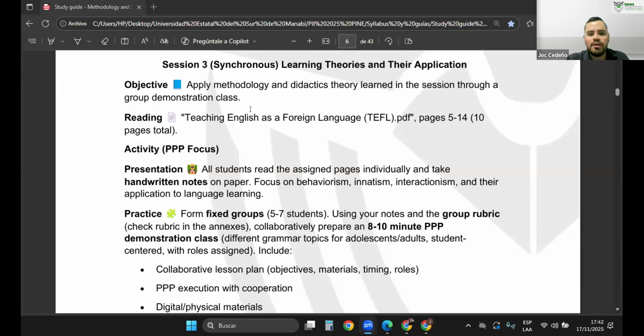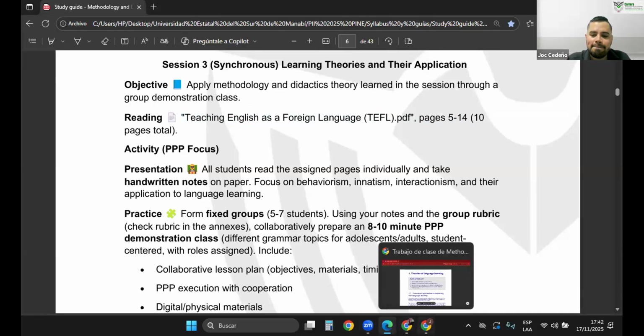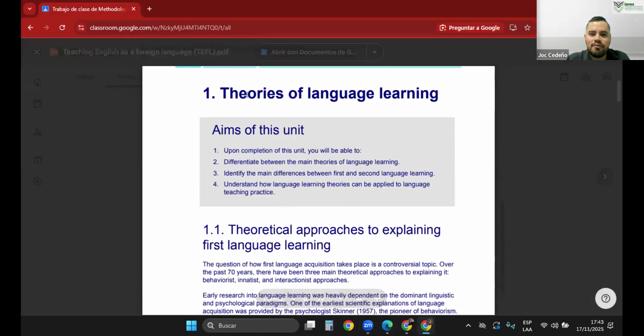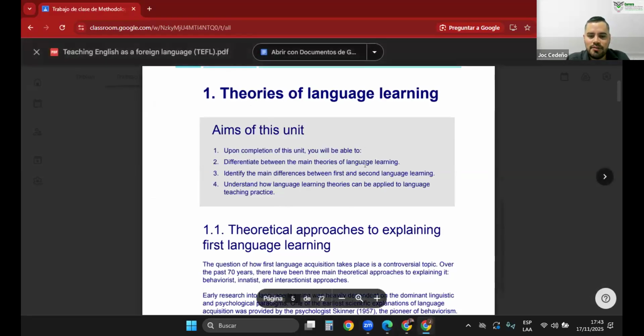So we're gonna start reading Teaching English as a Foreign Language, that is TEFL. You should read pages 5 to 14, 10 pages in total. I will give you 20 minutes to revise the material. Okay, so it's on page 5, Theories of Language Learning.